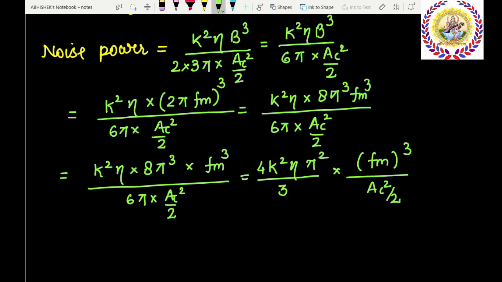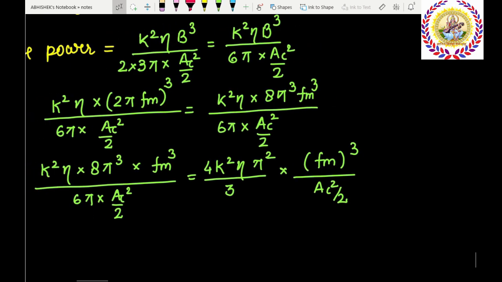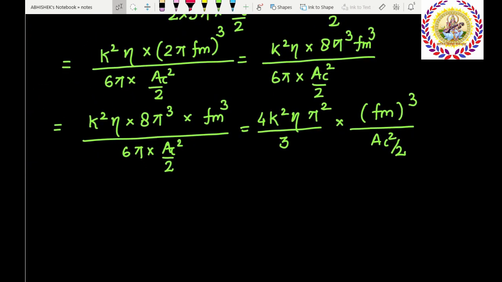This expression can also be mentioned in terms of the maximum frequency of FM.